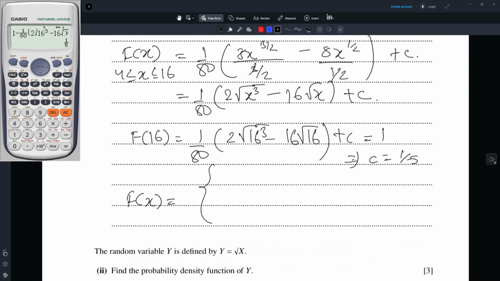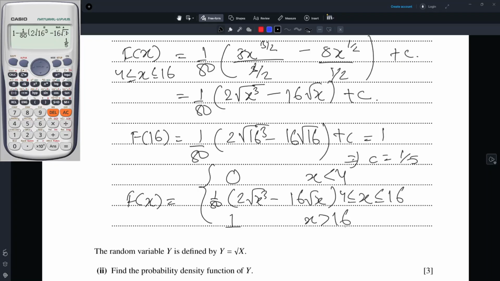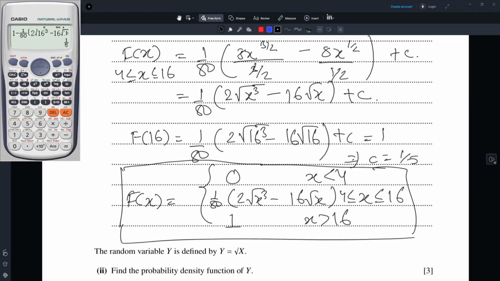At first we write down 0 for anything less than 4. And then we have 1 by 80, 2 root x cubed minus 16 root x, for x between 4 and 16, and 1 for anything greater than 16. If you write down this much, you will get your mark. That's the technique behind this.